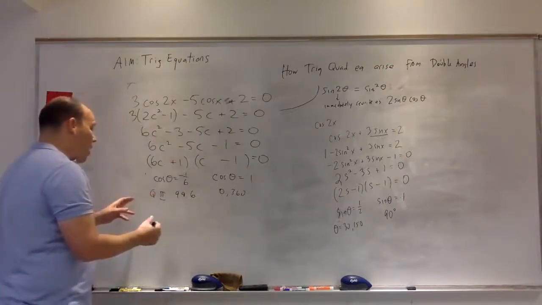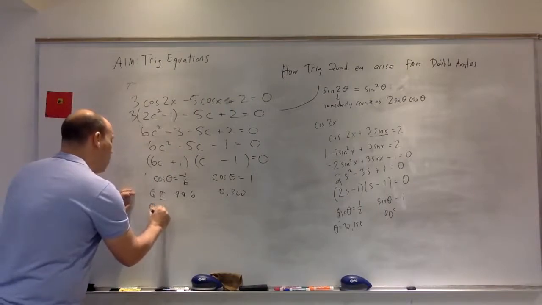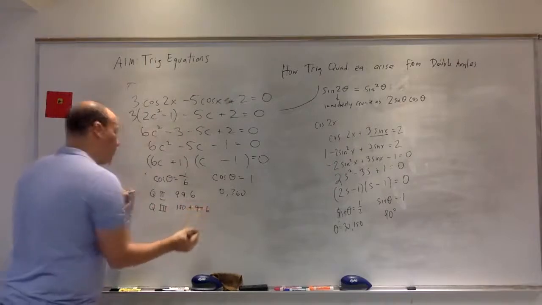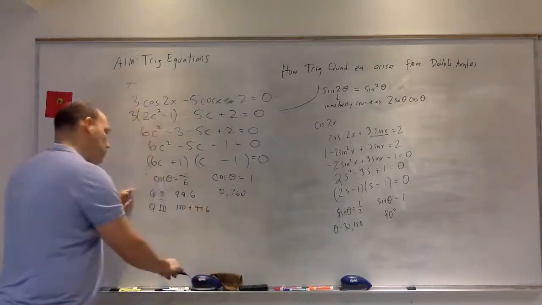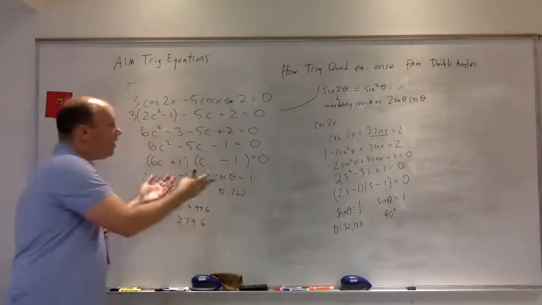And then in the third quadrant, we have 180 plus 99.6, which is 279.6. And these are the solutions.